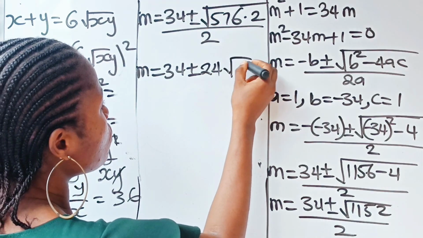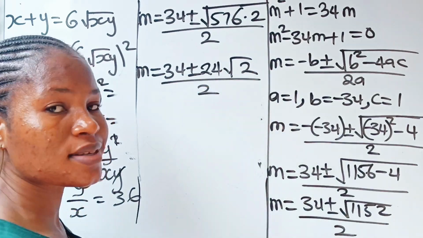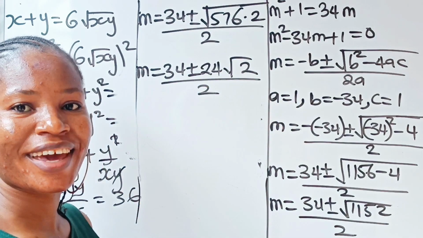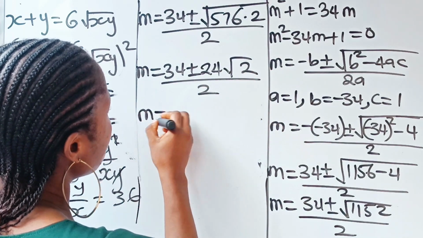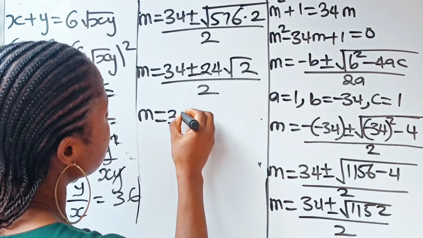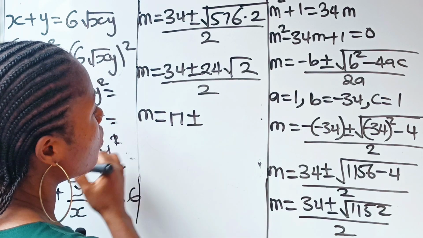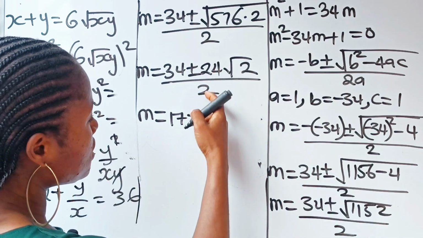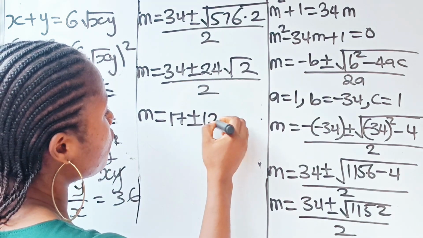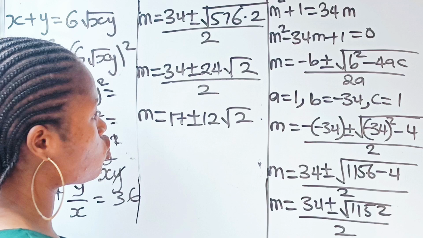Now we have root 2. Like I said, check my math tricks in the playlist. Now m is equal to 34 divided by 2, which gives us 17, plus or minus 24 divided by 2, which gives us 12, and we have root 2.